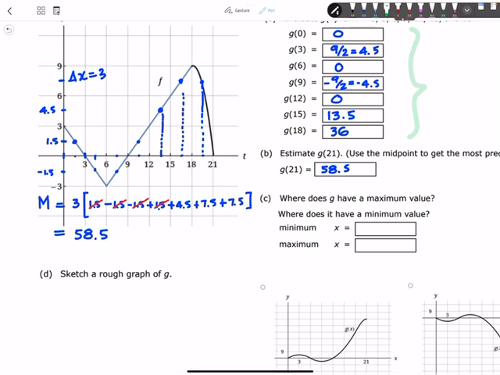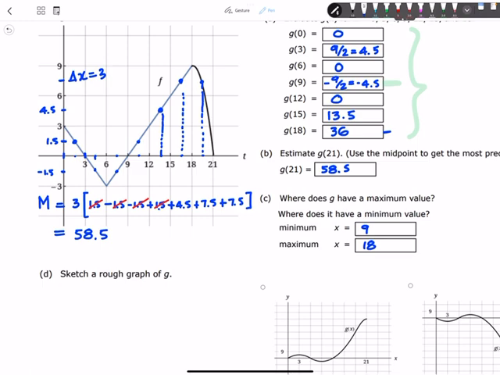So it looks like the minimum value occurs when we plug 9 into this function G, and that gets us to negative 4.5. So I will say we attain a minimum value at x equal to 9. And then the maximum value seems to be right here, where x is equal to 18.